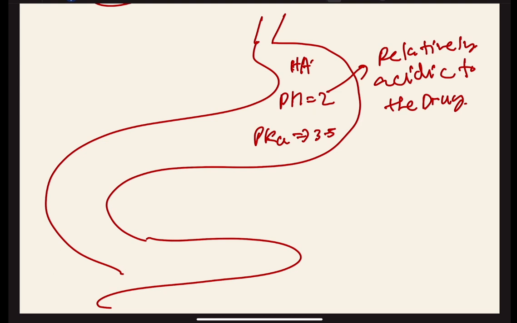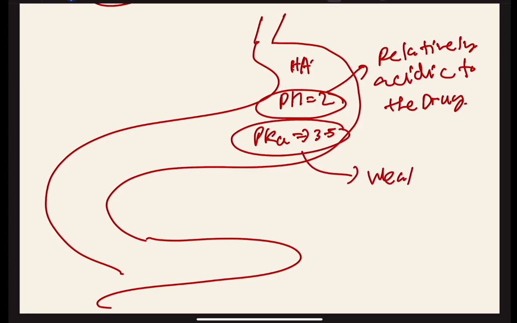That's why, if the drug is a weak acid, in this relatively acidic environment it will be more in non-ionized form, it will readily cross the biological membrane, and there will be an increase in absorption.